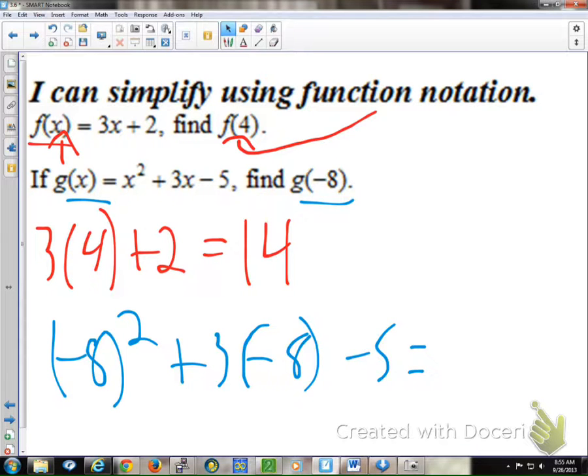So that's 64 minus 24, which is 40, minus 5 would give you 35. Don't forget, a negative number squared is always going to be positive. So basically, you just substitute out the letter. Every letter in the problem.